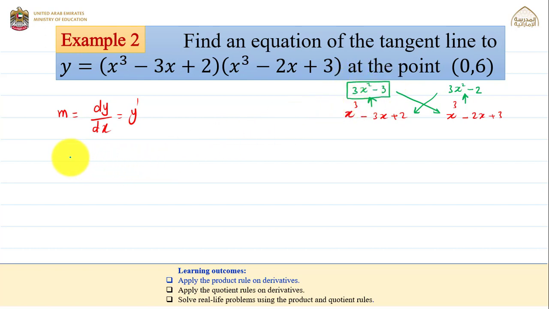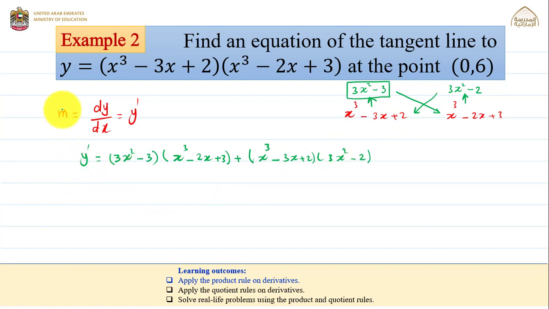We get the slope or y prime equal 3x to the power 2 minus 3 times second function x to the power 3 minus 2x plus 3 plus first function x to the power 3 minus 3x plus 2 multiply by 3x to the power 2 minus 2.